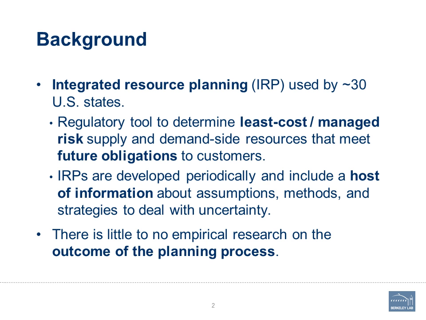It's a tool that was developed in the early 1970s, mainly as a way to improve and enhance the adoption of demand response and demand-side management in utility resource planning. The tool aims to determine least cost and manage risk, supply and demand-side resources to meet future obligations to customers.